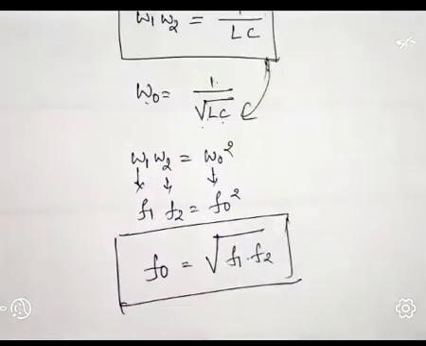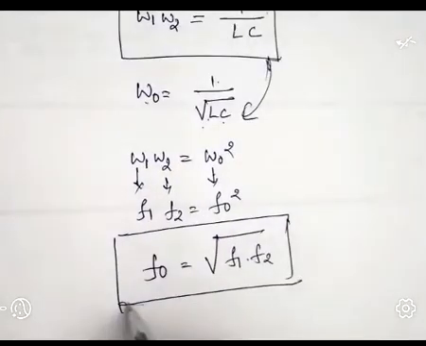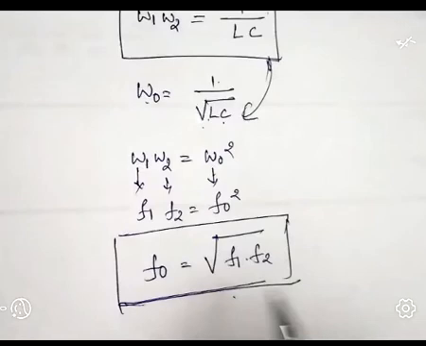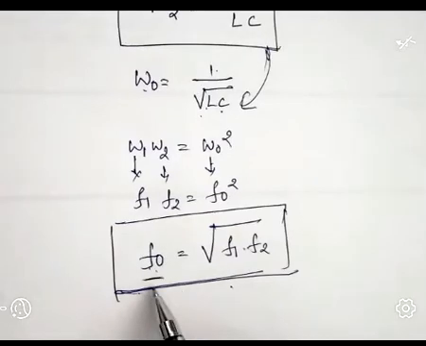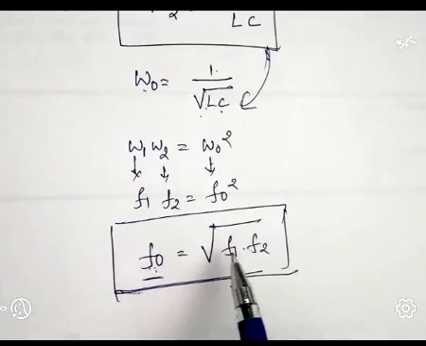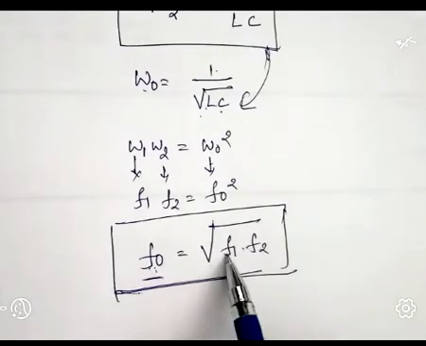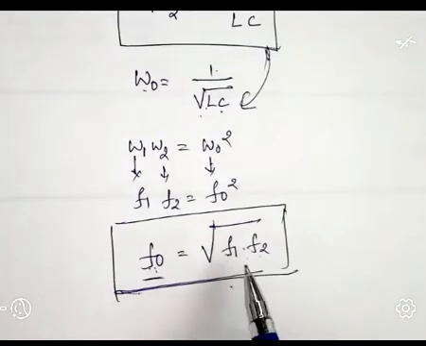So this equation shows that the resonant frequency is very important. f naught is this. From this equation, we can say that f naught is the resonant frequency. The resonant frequency is the geometric mean of the two half power frequencies. f1 and f2 are half power frequencies.